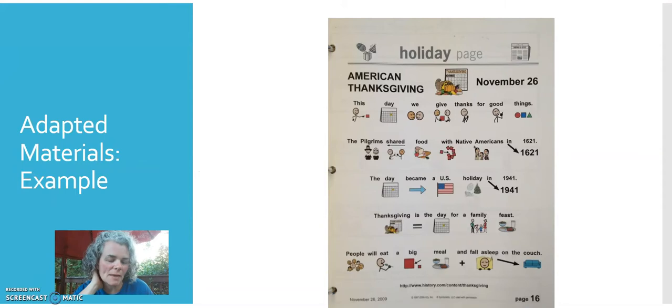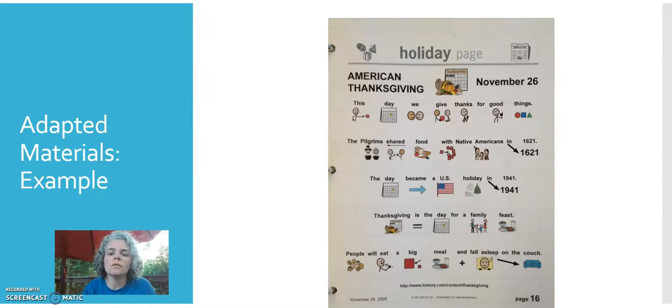Here are some examples of adaptive materials. This one is called News to You, an online newsletter subscription, and I use this in my classroom. It has 3 different levels of adaptation. This is the second level. The first level would be this American Thanksgiving, everything written out with text and no pictures. When it's adapted, there are pictures for each word.